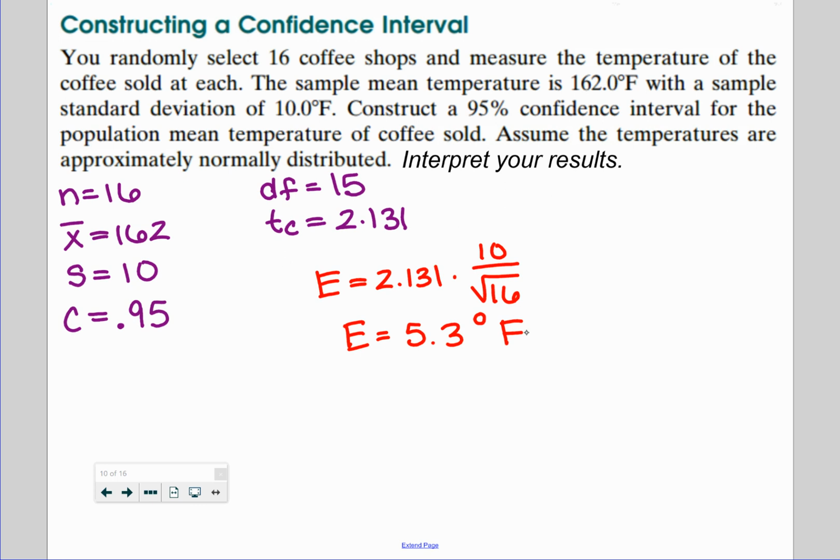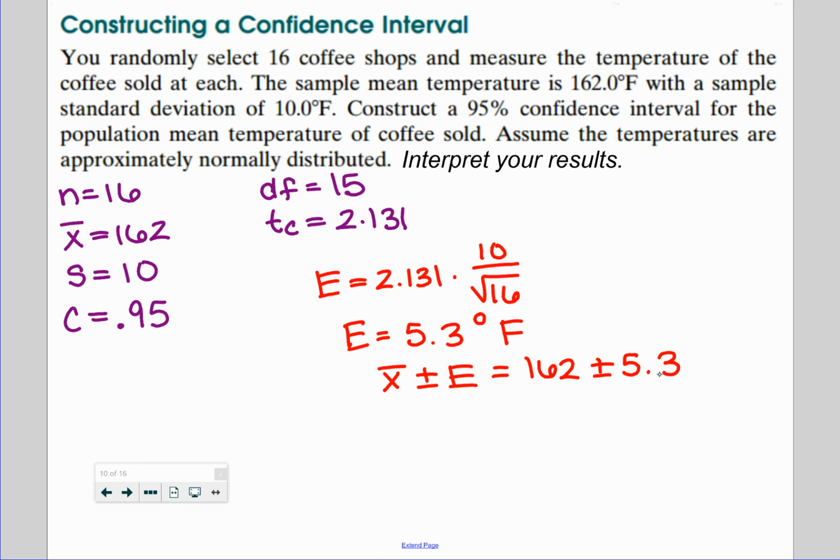So now to find the confidence interval, we're going to take our x bar and add and subtract E. And that'll tell us either end of our confidence interval that we're looking for. So x bar here was 162. Add and subtract the margin of error, 5.3.